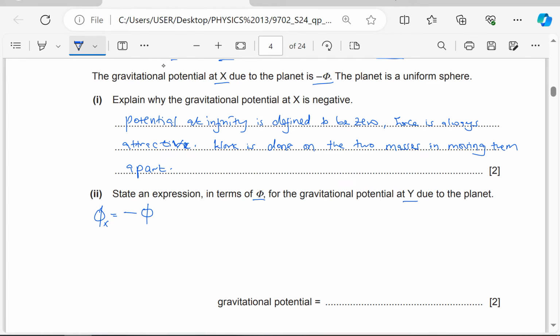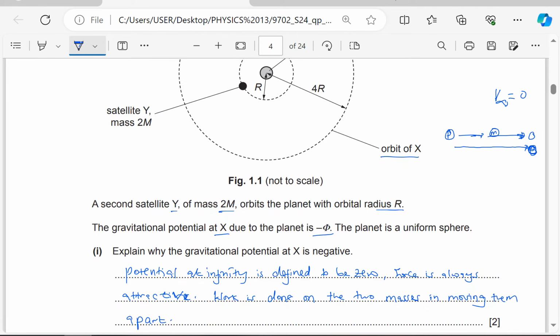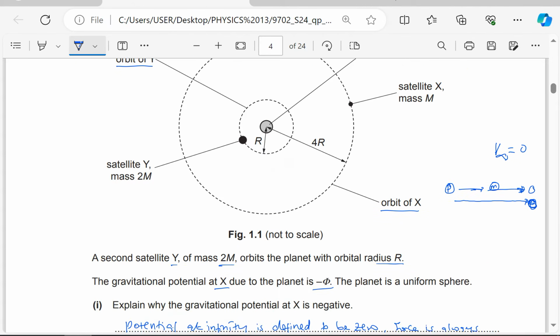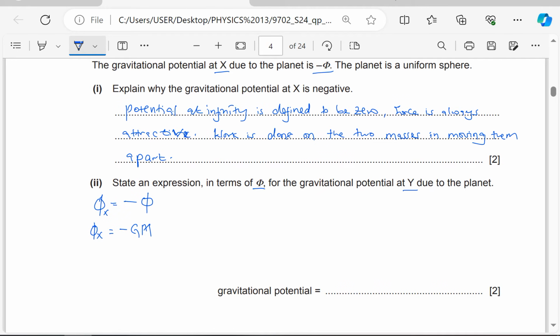So phi at x is going to be negative G times capital M, then the distance of x from the center is 4r. So where there is small r, I'll put 4r. I'm using phi equals negative GM over r.